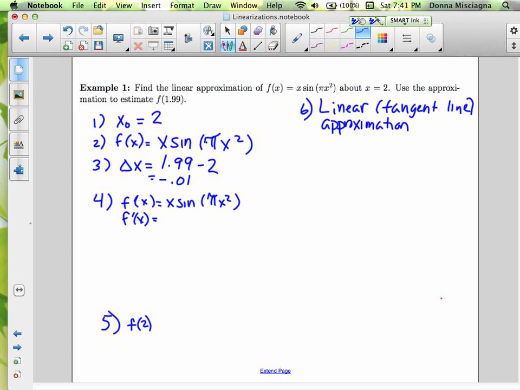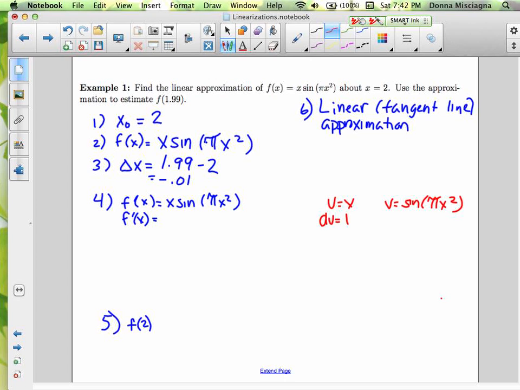Now let's find the derivative, and we're going to need to use the product rule. So u is x, and v is sine pi x squared. That's going to be a chain rule in that part. du is pretty easy. The derivative of x is 1.